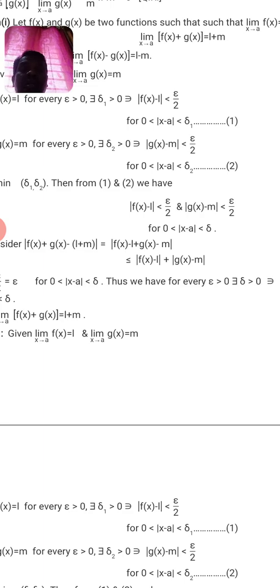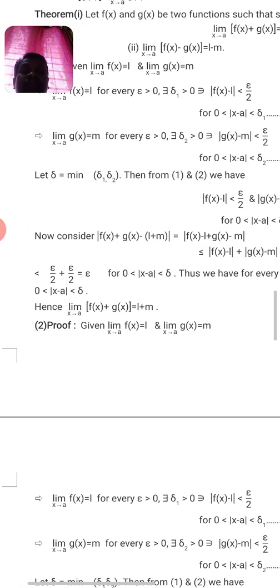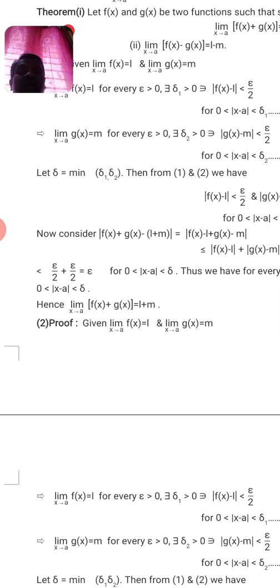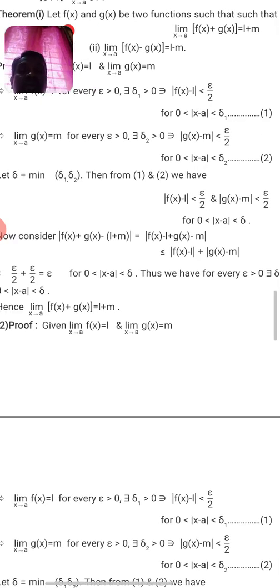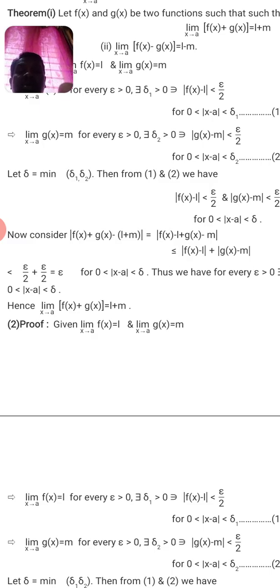The modulus function can be written like this. Which is less than, you see, from equation 1 the first term is less than epsilon by 2, and from equation 2 the second term is epsilon by 2, which is equal to epsilon, for 0 less than modulus x minus a less than delta.